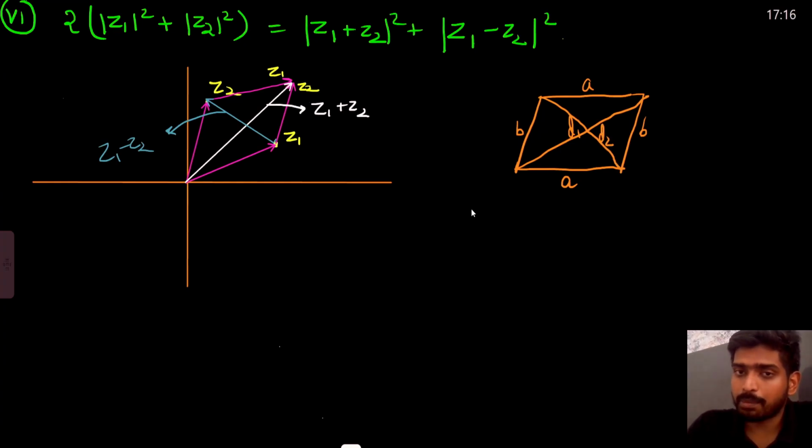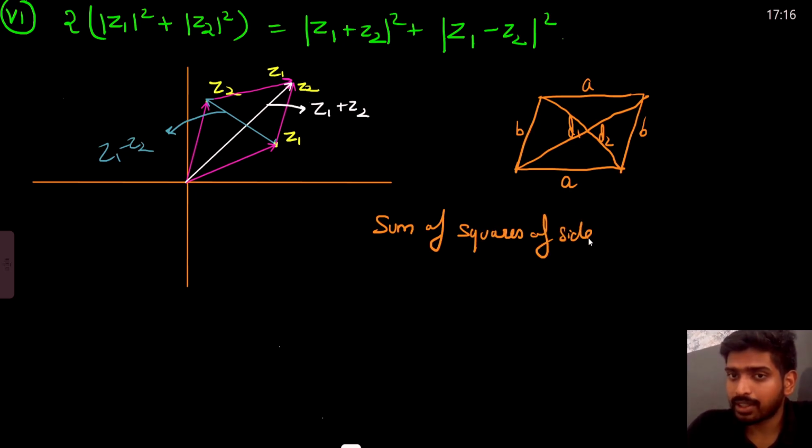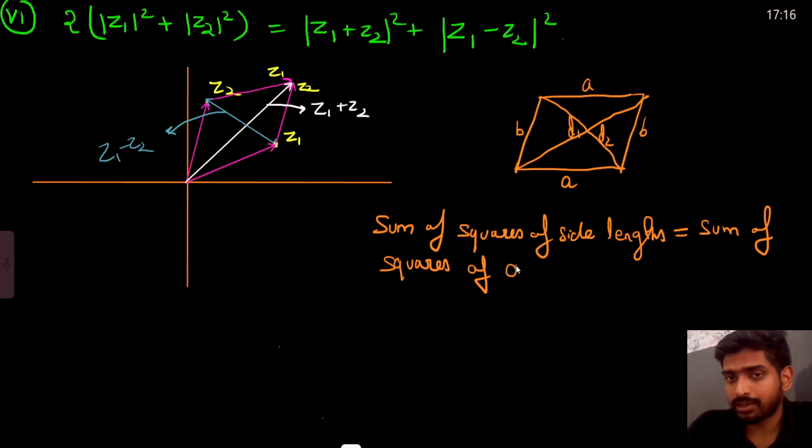So what is the property of a parallelogram? It says that the sum of squares of the side lengths is equal to the sum of squares of the diagonals.